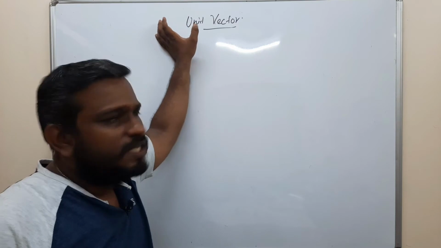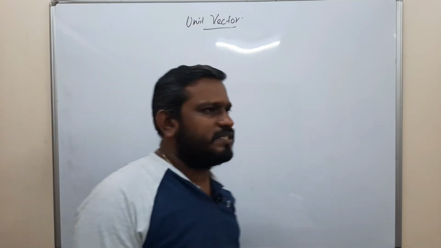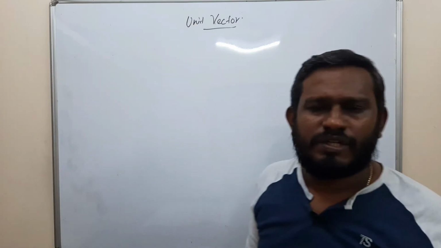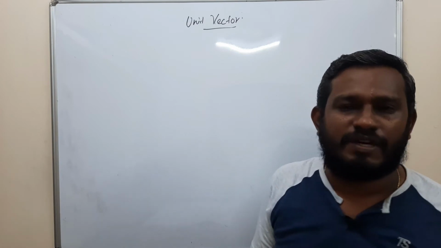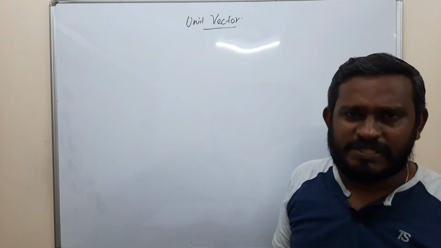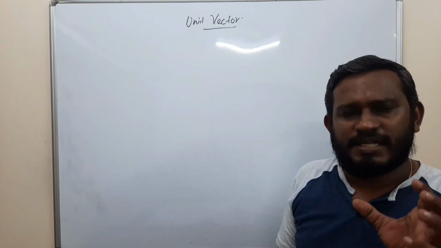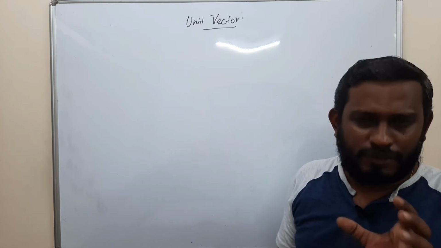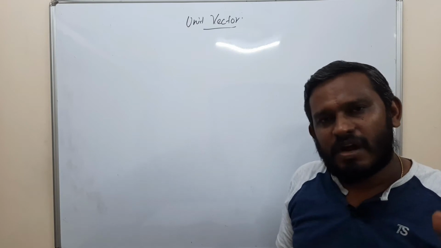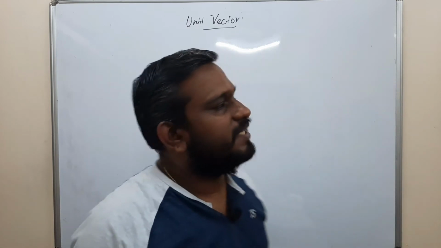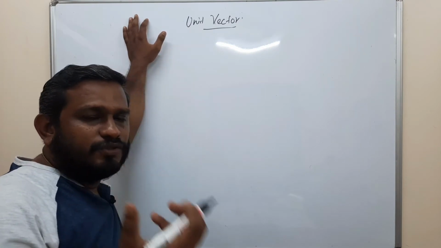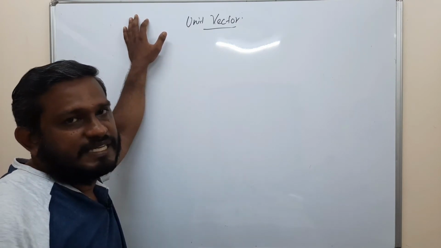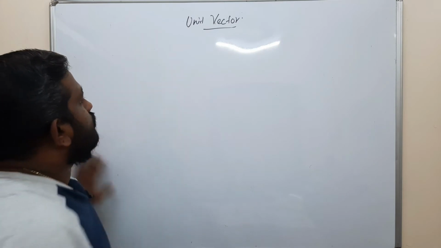So the purpose of a unit vector is to indicate the direction of a particular vector. It is also a vector that has unit magnitude, drawn in the direction of a certain vector. It is used to represent the direction of a certain vector.